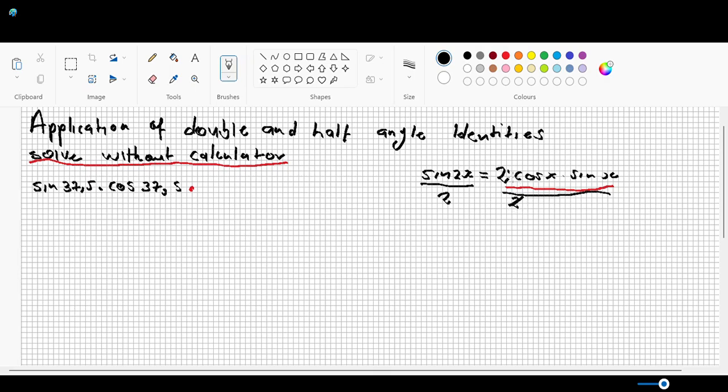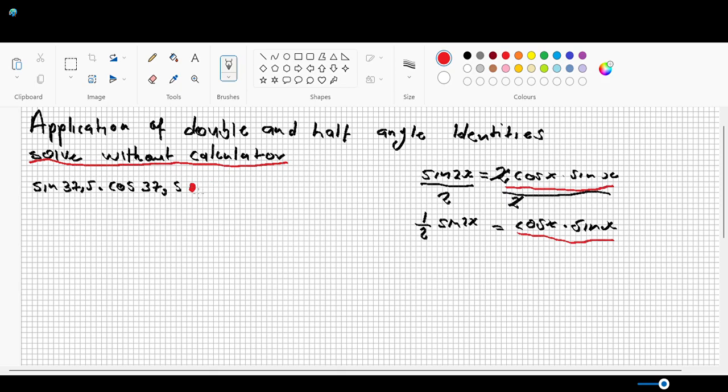If you divide by 2 here, you're going to have half multiplied by sine 2x, which is going to be cos x multiplied by sine x. Okay, let's look at it again. As you can see, this side now we only have cos x multiplied by sine x, which is equal to half sine 2x.